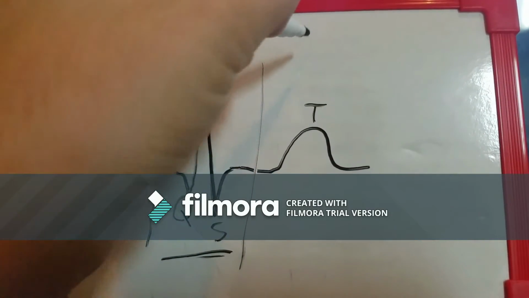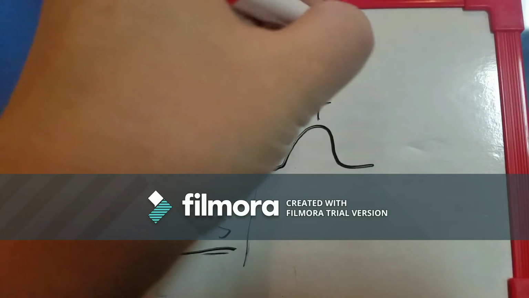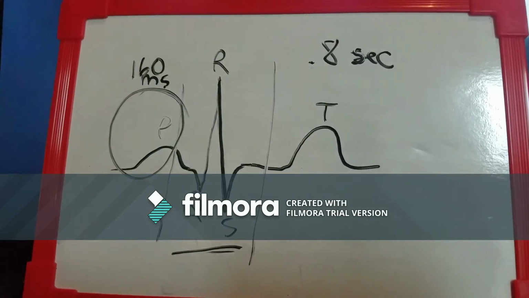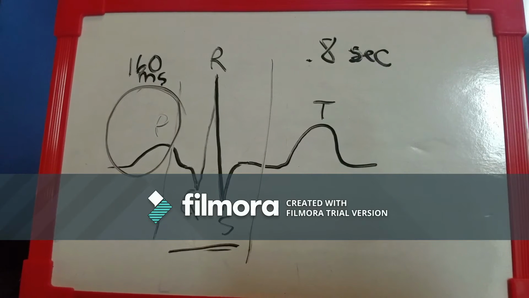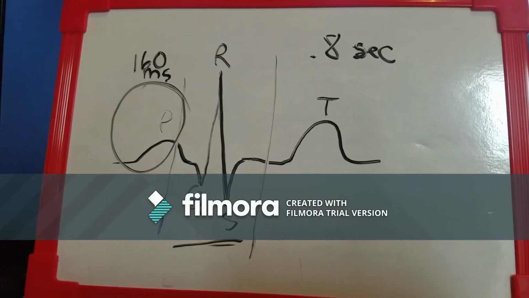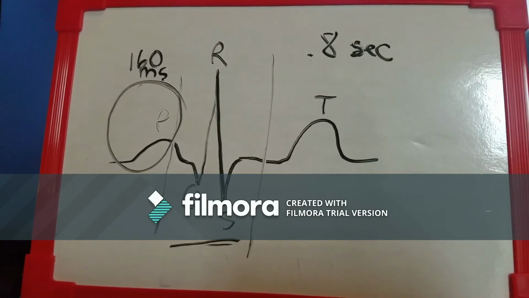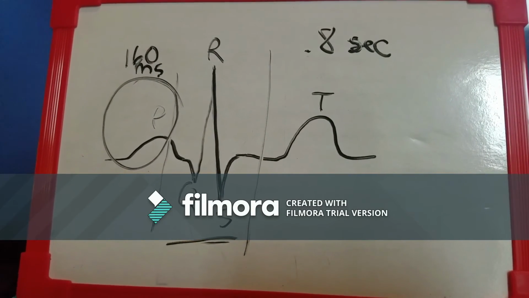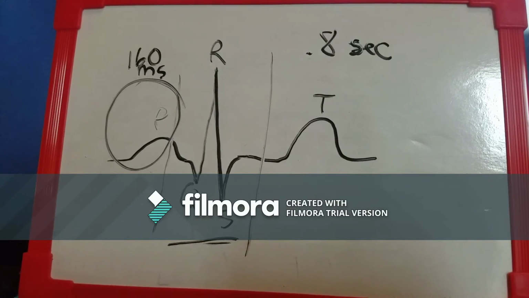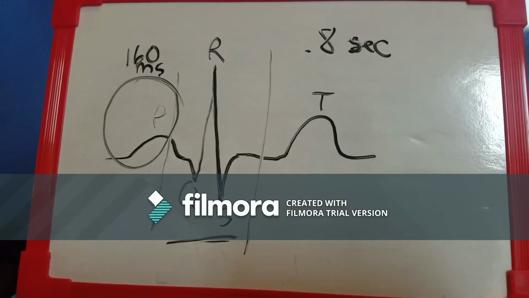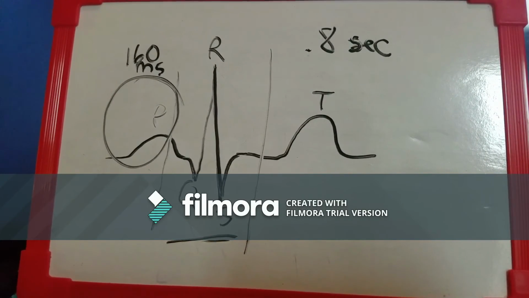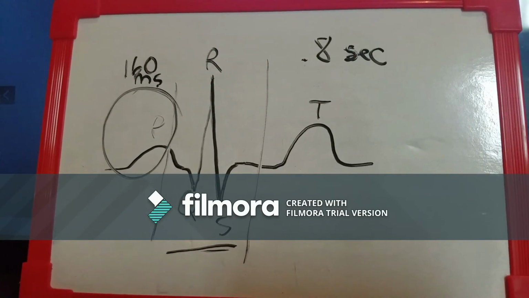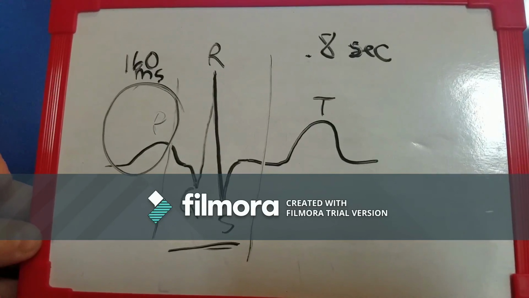The entirety of the P, Q, R, S, and T wavelengths takes less than 1 second and will be repeated over and over as long as the electrocardiogram is being recorded. The EKG allows us to see the normal electrical activity of the heart and also allows us to see any deviations from this normal cycle, such as when someone is in distress or in cardiac arrest.